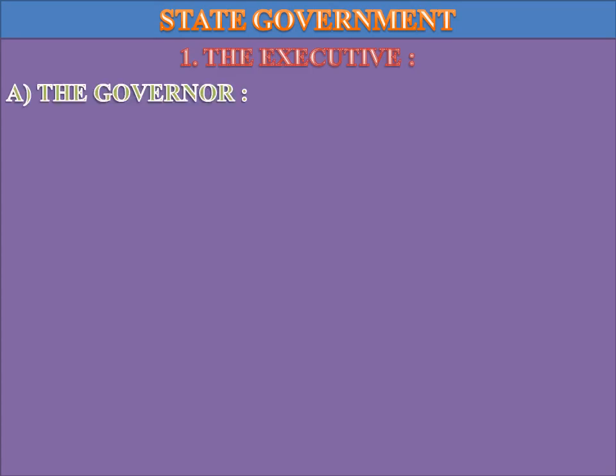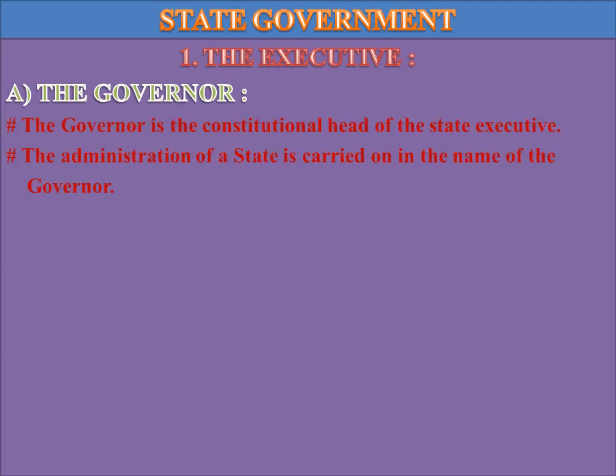Now we are going to learn about the first one, the executive. In that executive, the first point is the governor. The governor is the constitutional head of the state executive. The administration of the state is carried on in the name of the governor.